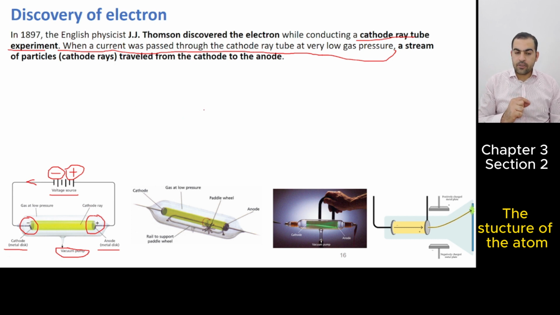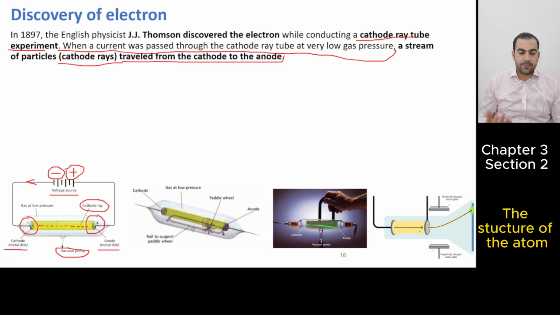A stream of particles traveled from the cathode to the anode. Look, when he passed the current, he saw that a beam of particles or rays moved from the cathode to the anode, and he called these rays what? Cathode rays. Why? Because they passed from the cathode to the anode.